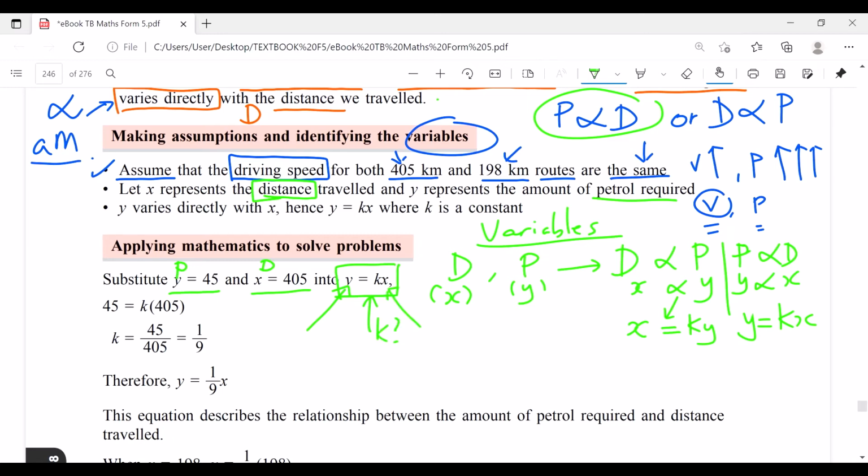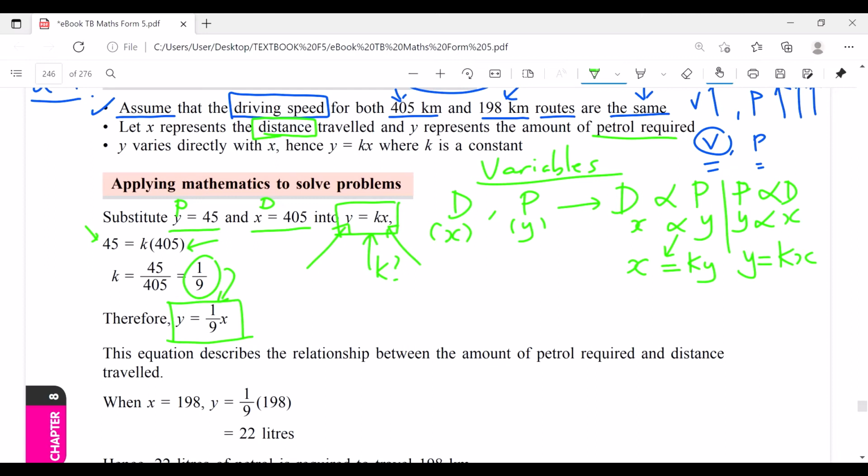You must find your k first. So you just substitute it, and your k is 1/9. So you substitute back. I hope you still remember our direct variation. Okay, so this equation describes the relationship between the amount of petrol and the distance. And distance we say x, and this one is y, right?